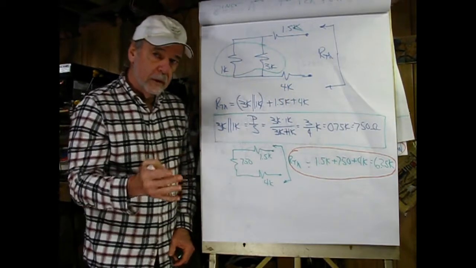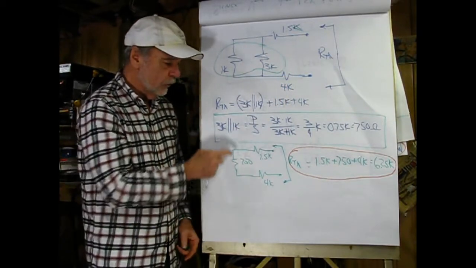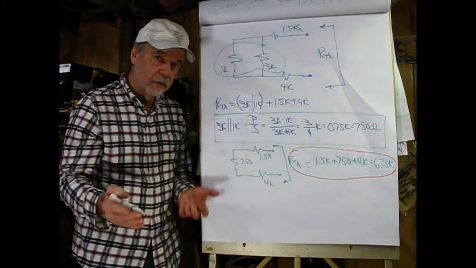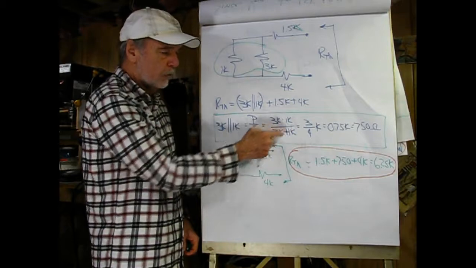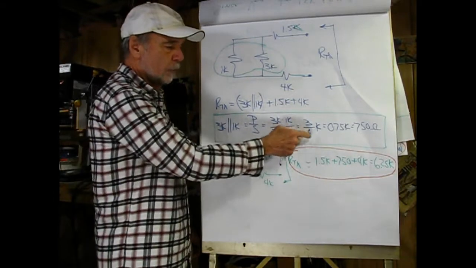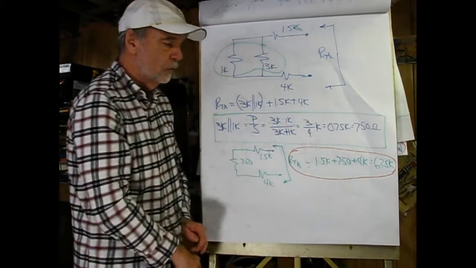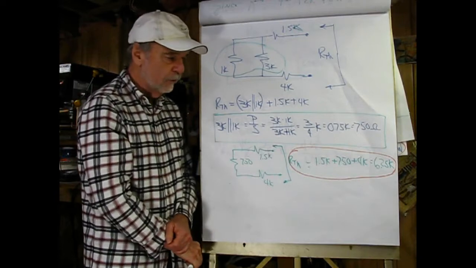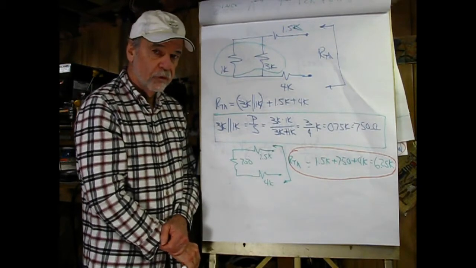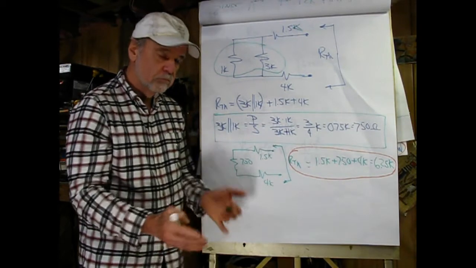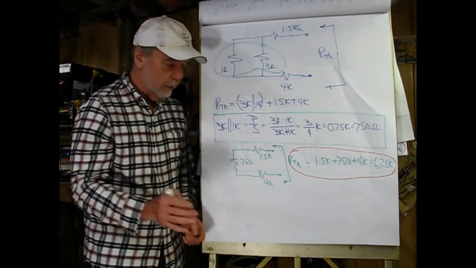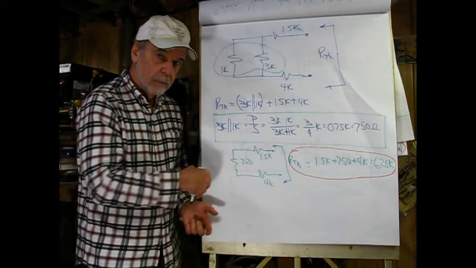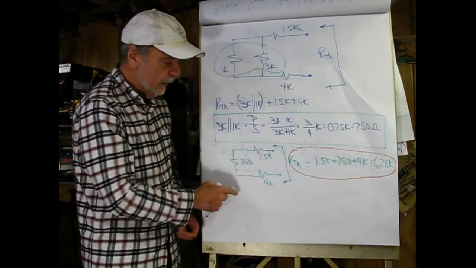First we'll calculate the parallel resistance using product over sum. That's easy enough. 3K times 1K divided by 3K plus 1K gives 3/4 K, equals 0.75K, equals 750 ohms. Next, I redrew it again just for clarity, leaving no steps missing that you have to guess about.